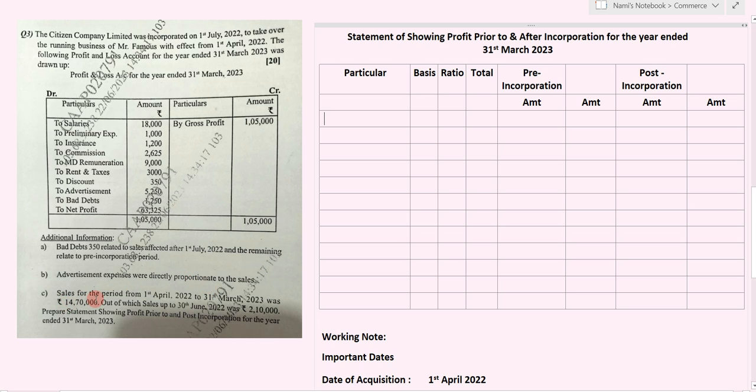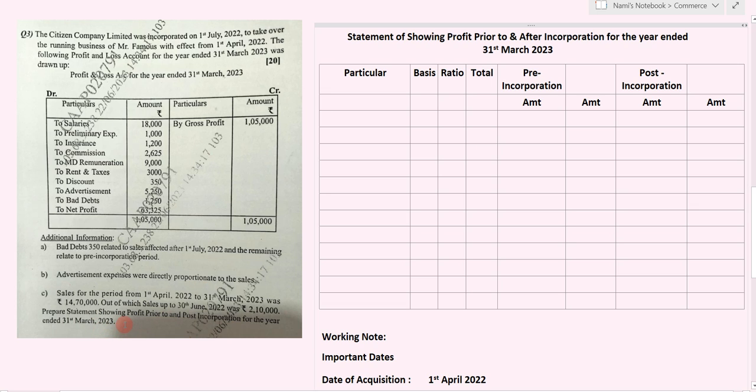Next, sales for the period from 1st April 2022 to 31st March 2023 was rupees 14,70,000, out of which sales up to 30 June 2022 was rupees 2,10,000. Prepare statement showing profit prior to and post incorporation for the year ended 31st March 2023.